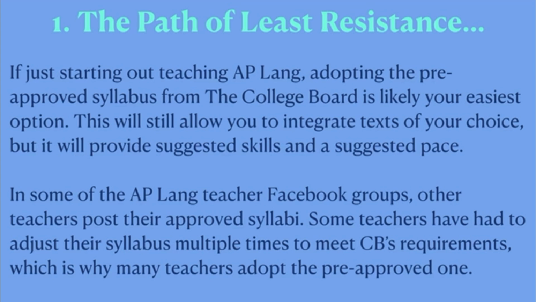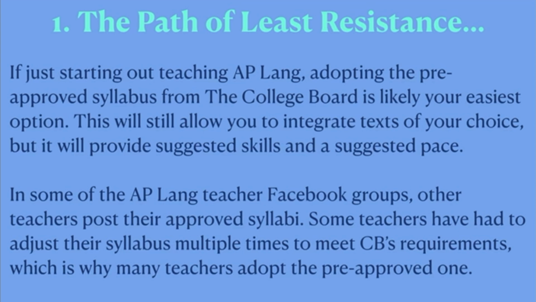So the path of least resistance, in my opinion, and what I know a lot of veteran teachers have done, is simply just adopt the College Board's units. Basically it gives you the standards and the pacing. There's even a pre-approved syllabus out there that I'll link in the comments below in case you want to check it out. And you still have the freedom to customize it to your students' needs. You can still swap text in and out depending on what you want to cover.